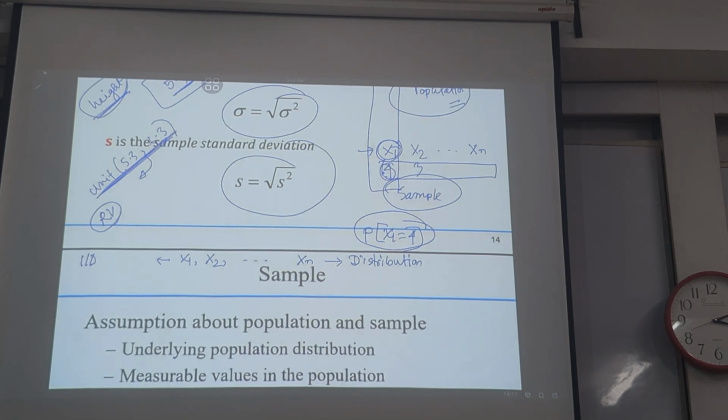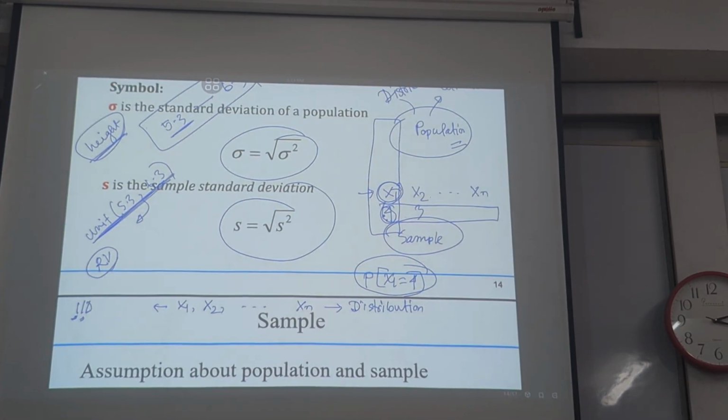IID means independent and identically distributed. So if a set of random variables are IID, that means they are identical and they are independent. When they are independent, there are benefits. We have already seen that. So a sample is a collection of IID random variables, and the distribution of the random variables is the same as the population distribution, right?